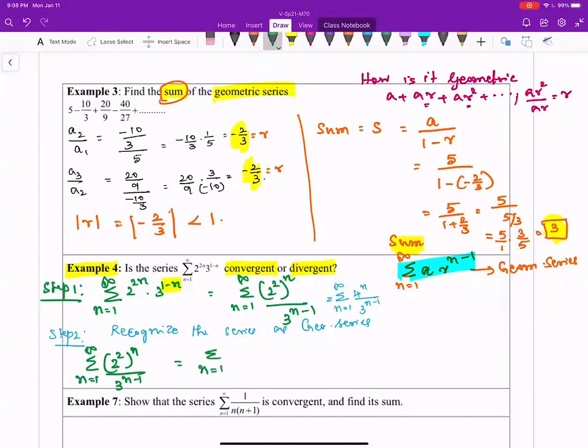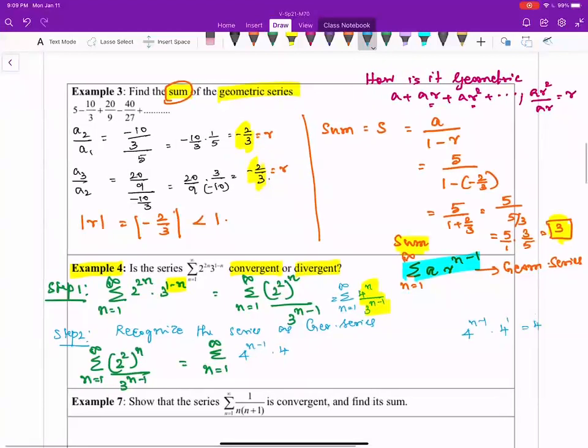We have 4 to the power n here, which can be written as 4 to the power n minus 1 times 4. What is 4 to the n minus 1 times 4? It is 4 to the n minus 1 plus 1. If you add the exponents, that becomes 4 to the n, divided by 3 to the power n minus 1.